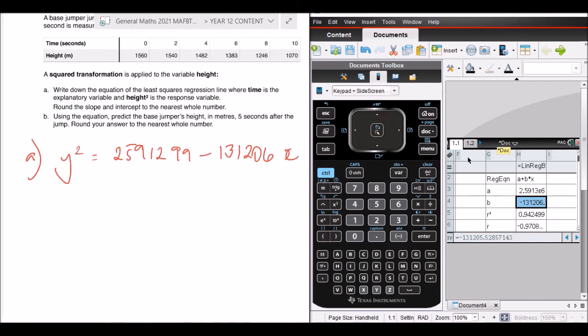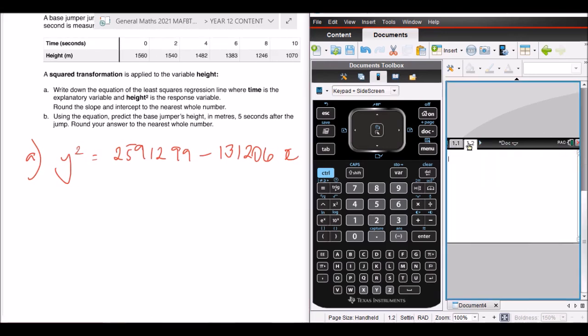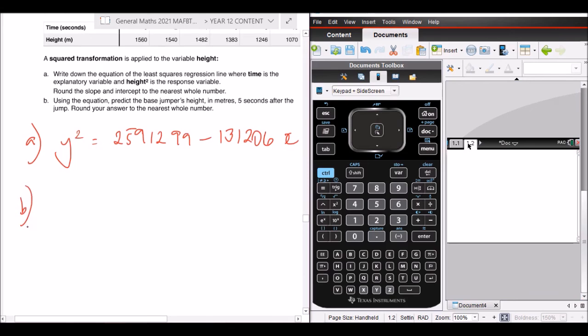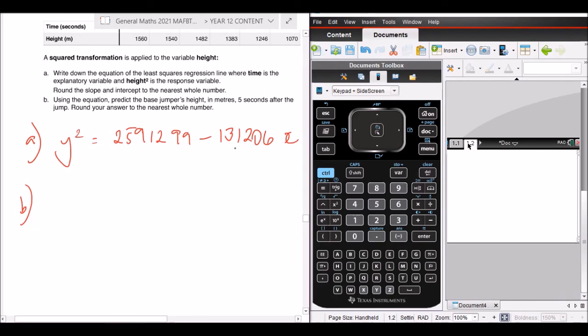Now part B is going to ask us to make a prediction on what the height is going to be, as you can see, after 5 seconds. So we're going to just change X to 5. So on my calculator, you're going to solve for Y squared, comma, a bracket, Y squared equals 2591299.